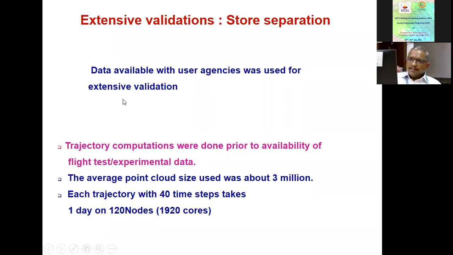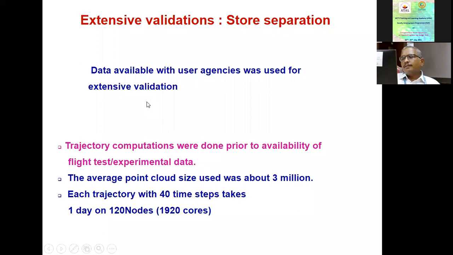So we had to validate our computational data with the available results from various different agencies. We did validation for all such kinds of applications. And the most interesting part was that none of these agencies would give us the data.